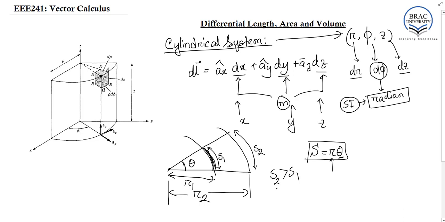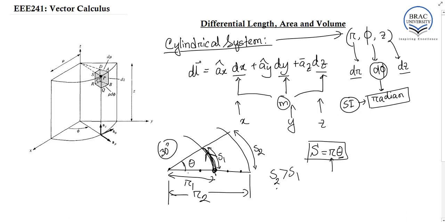If you just say some guy standing over here has covered an angle of 30 degrees in an anti-clockwise direction, it doesn't really convey the exact message about how much distance he has covered, because he could be in this position, or in this position, or he could be here also.